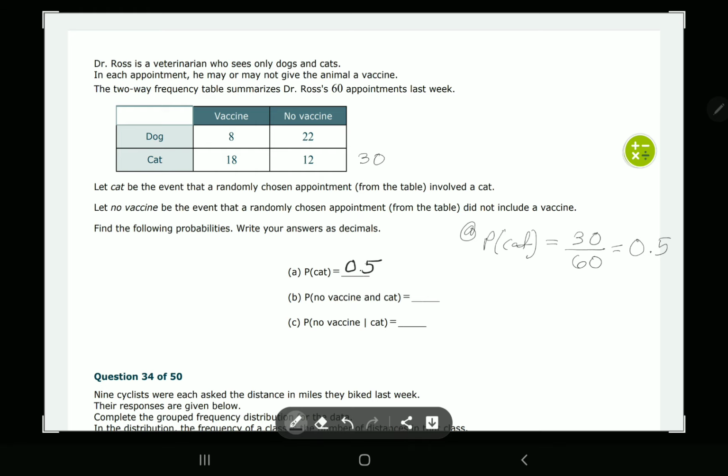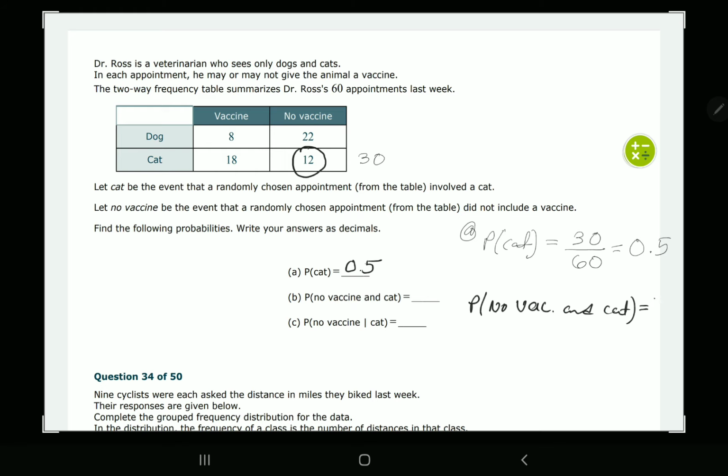Now, the probability of no vaccine and a cat out of 60 animals, 12 of the animals were a cat that had no vaccine. So the probability of no vaccine and cat is 12 over 60.